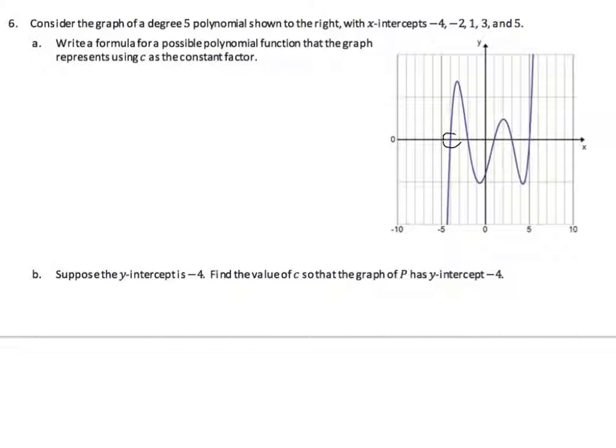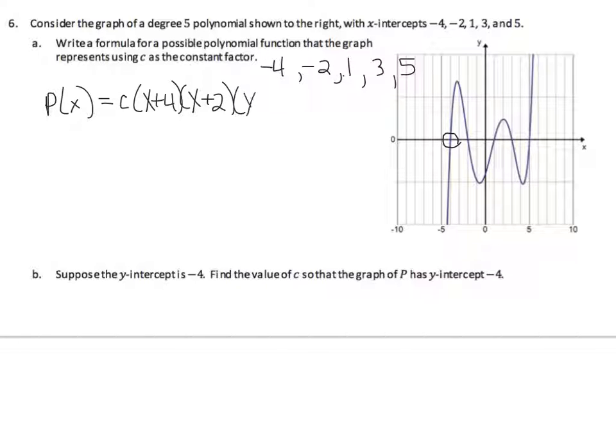So first I'm going to read this, and I'm at, let's see, 1, 2, 3, 4, 1, 2, 3, 4, 5. Those look to be my zeros, so I need to write a function. P of x equals a constant term, x plus 4, x plus 2, x minus 1, x minus 3, x minus 5.